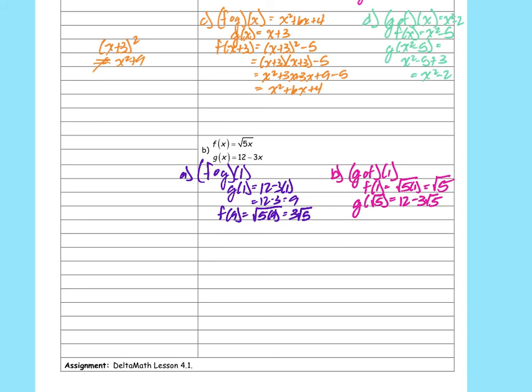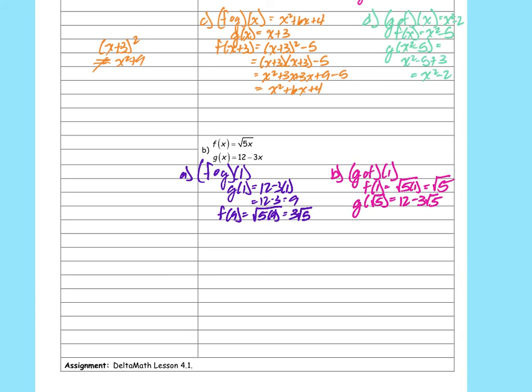unless we're going to find out an approximate answer for the square root of 5, and then multiply it by 3 and then subtract from 12. I can do it that way, but really square roots kind of act like a variable. I don't know if you guys remember this from last year. So if the 12 didn't have the square root of 5, I can't subtract them.